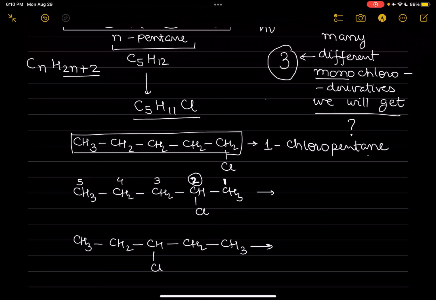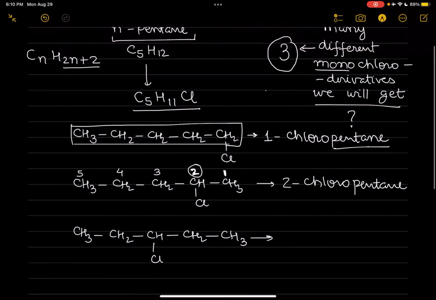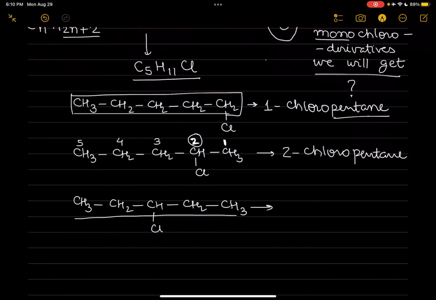So 2. Good. So it is 2-chloropentane. And what about this one? Same. So 3-chloropentane.